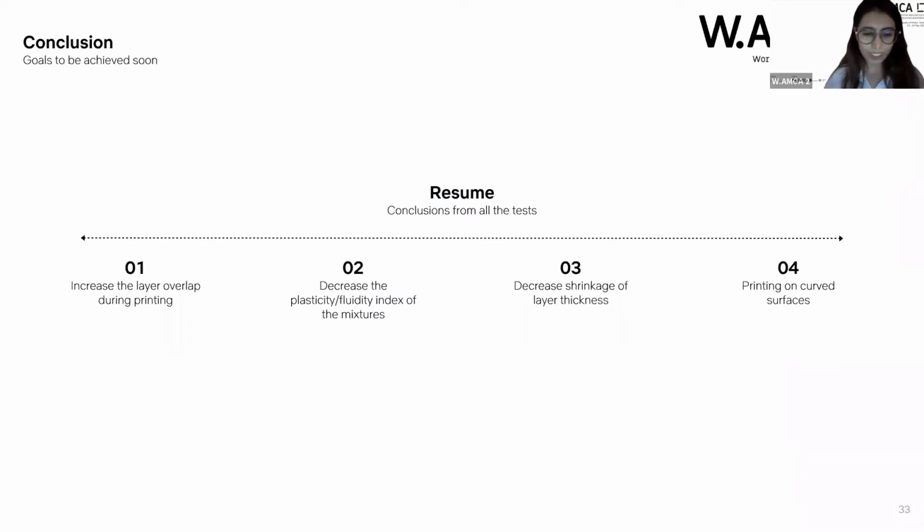So concluding the presentation, my goal is to increase the overlap of layers, decrease the fluidity of the mixture to increase the layer overlaps, decrease the shrinkage index of the object in height, not in the base, and test maybe printing on curved surfaces and not on a flat surface.